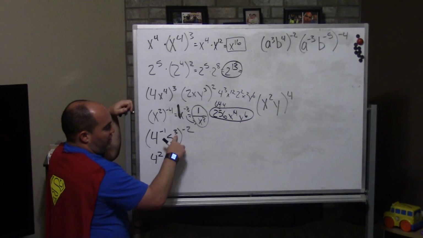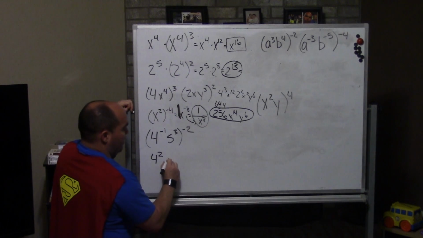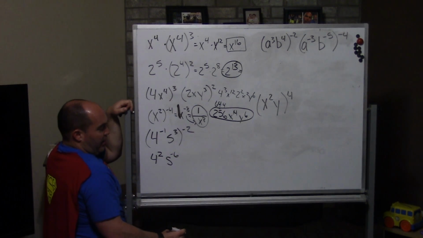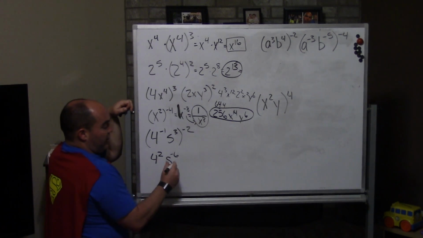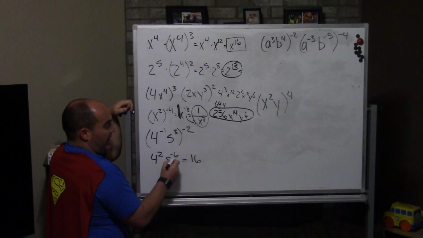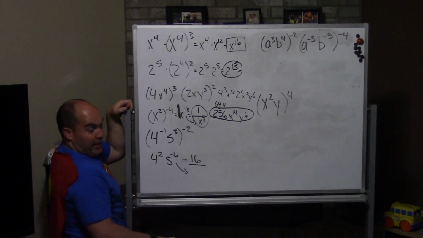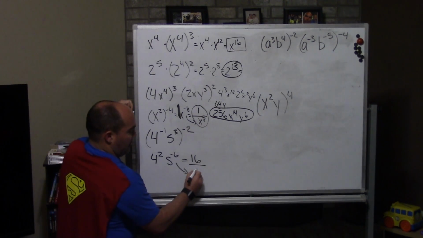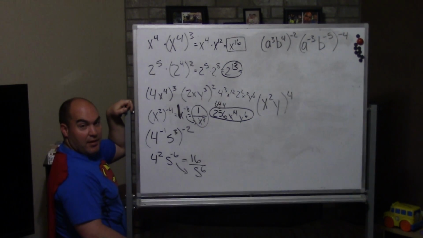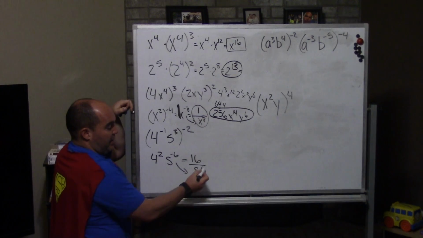And then s cubed to the negative 2, so I'm going to multiply 3 times negative 2, and that's going to be s to the negative 6th. So 4 squared is 16, but this s to the negative 6th, remember that has to go to the bottom, because I've got to get rid of that negative, so that's just going to be s to the 6th. So my final answer on that one is going to be 16 over s to the 6th.